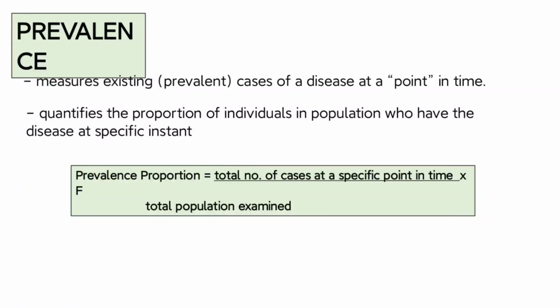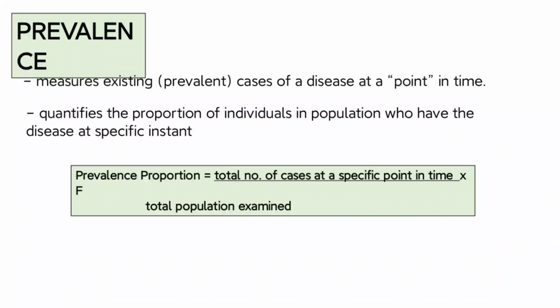Okay, so prevalence naman tayo. Pag prevalence, it measures existing or yun yung tawag na prevalent cases, existing cases of a disease at a single point in time. So, kukuha ka lang ng snapshot na tinatawag. Snapshot of a particular disease occurrence or event on a single point in time.